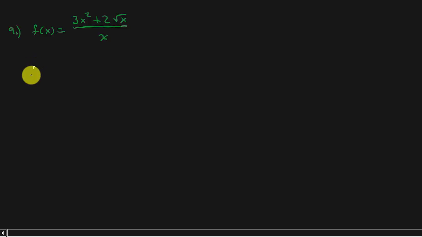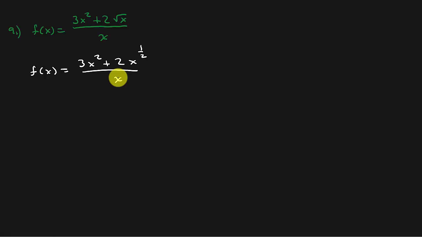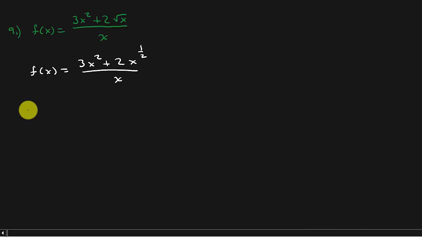So first thing I'm going to do is I'm going to rewrite this as 3x squared plus 2x to the 1/2 over x. All right, just change the square root to x to the 1/2, just like we've done on all the other problems. Now, I'm still not going to take the derivative. So let's get this f of x, that's 3x squared over x plus 2x to the 1/2 over x.